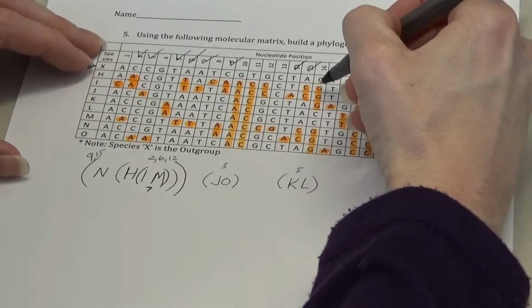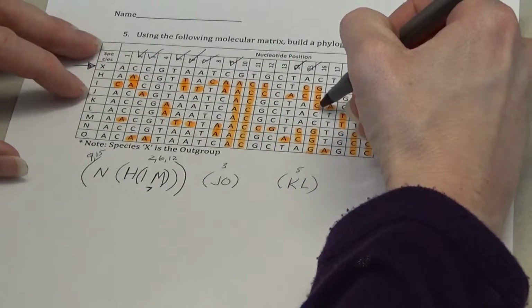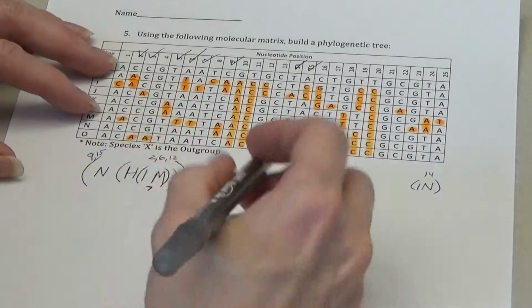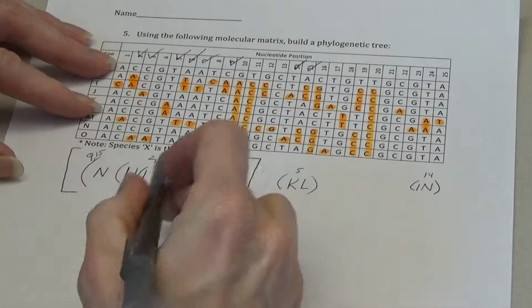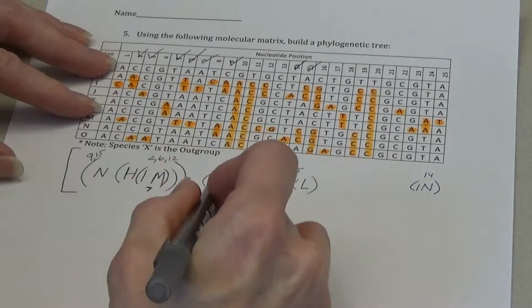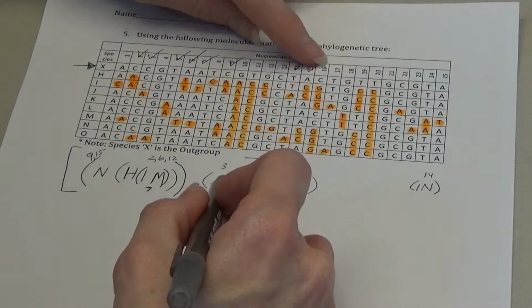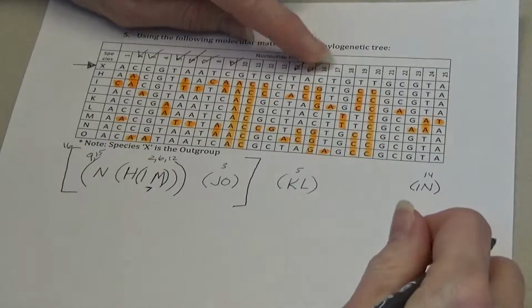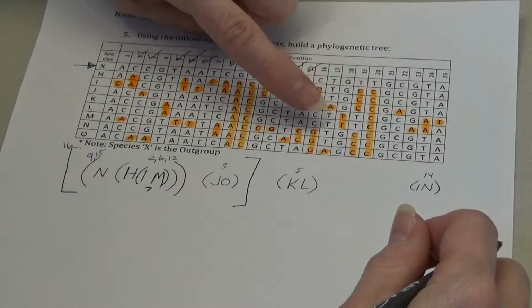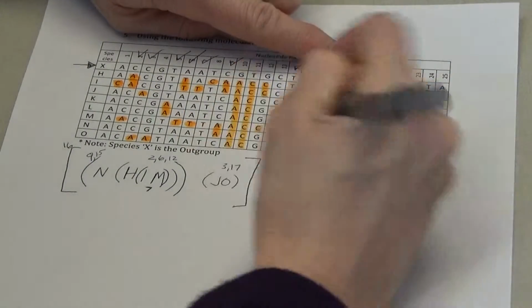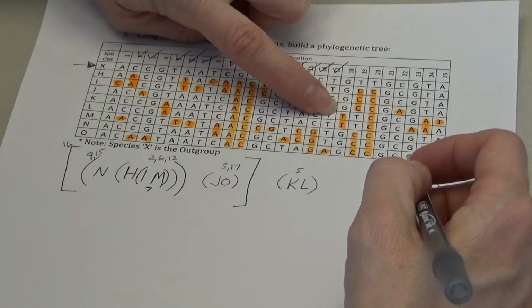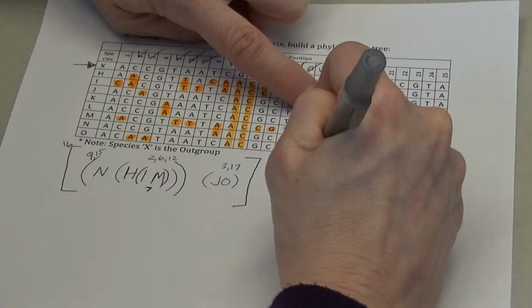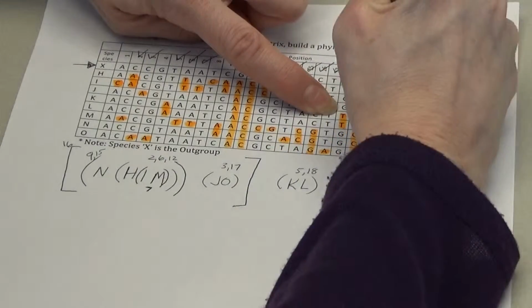Trait 16 puts H, I, J, M, N, O. So this whole group here, from here to here, H, I, J, M, N, and O. That's trait 16. Okay, trait 17 puts J and O together, so just like trait 3. Trait 18 puts K and L together, so just like we had over here with trait 5.